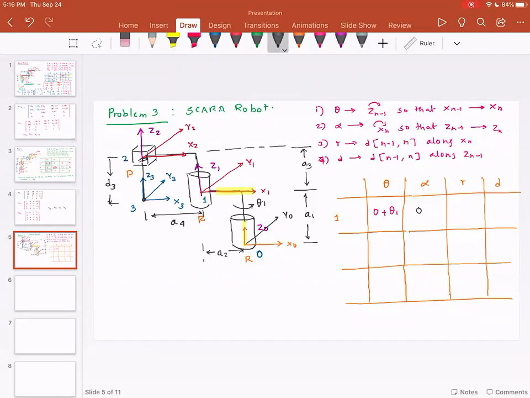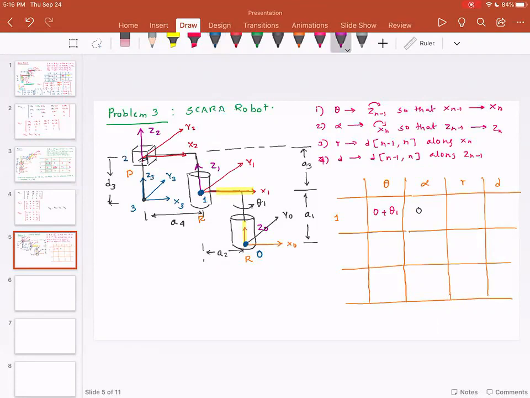So you have 0. R is the distance between frame 0 and frame 1 along X1. And please note, when we say along X1, the distance is positive. Actually, sorry, the distance is negative.